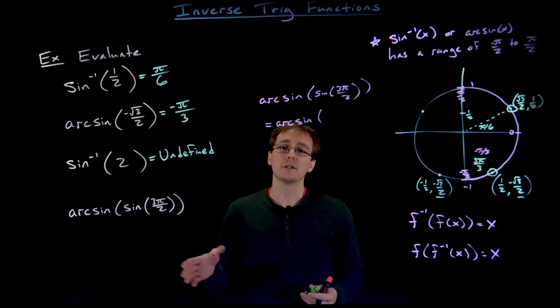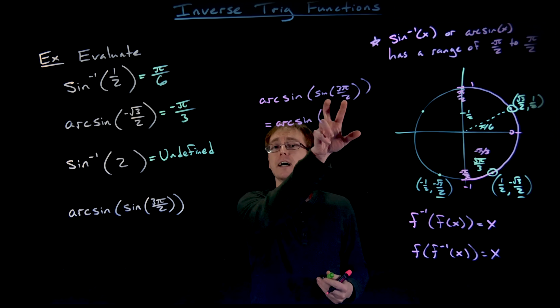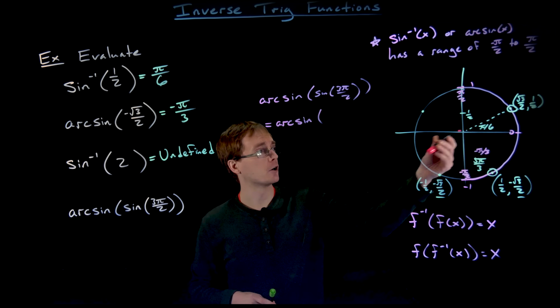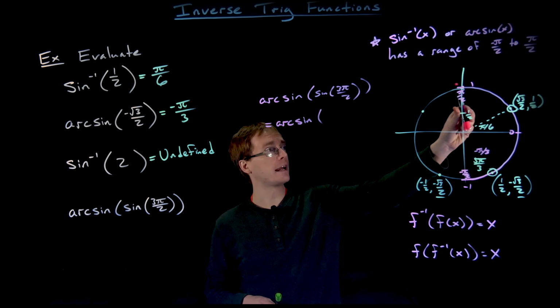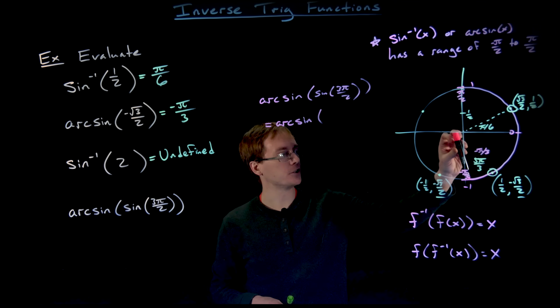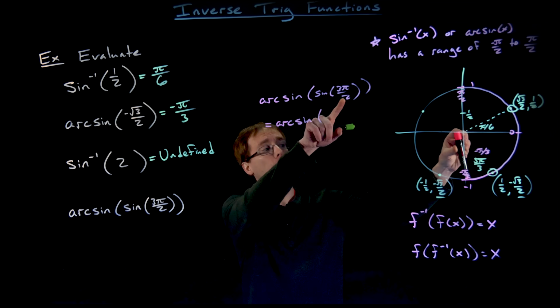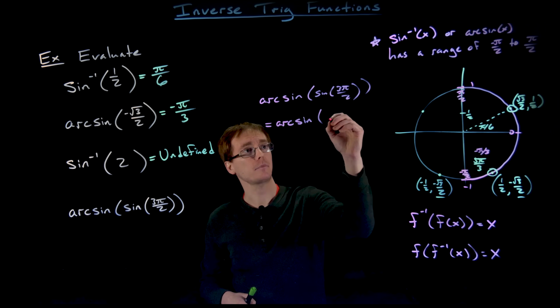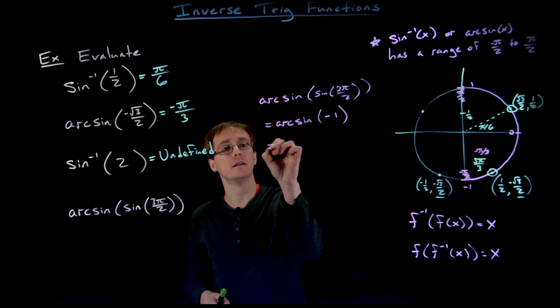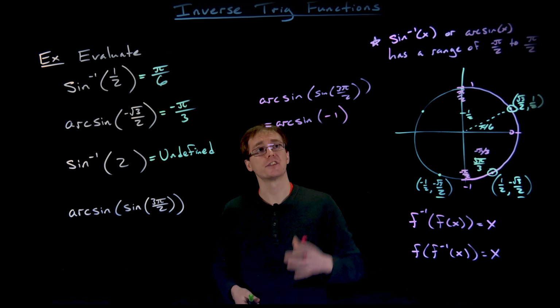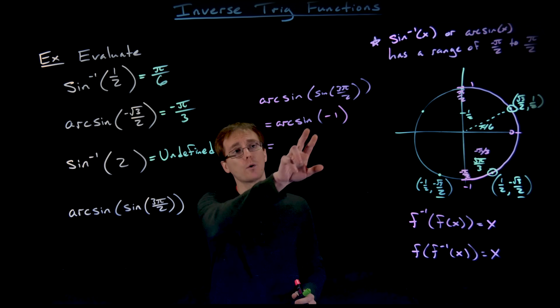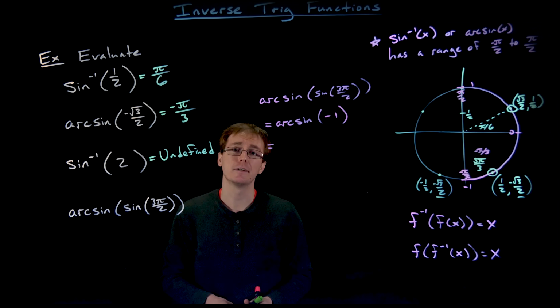So if we do this evaluation from the inside out, what is sine of 3 pi over 2? Well, we can go back to our unit circle, go to our angle or arc length of 3 pi over 2. That points us to the bottom of our unit circle, and sine is pulling off that y coordinate. So that'll give us -1. So now arcsine of sine of 3 pi over 2 is totally equivalent to arcsine of -1.